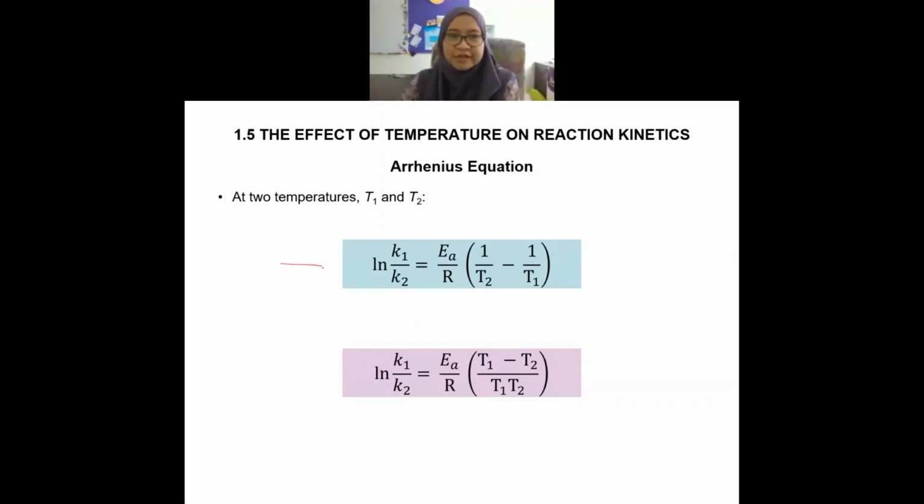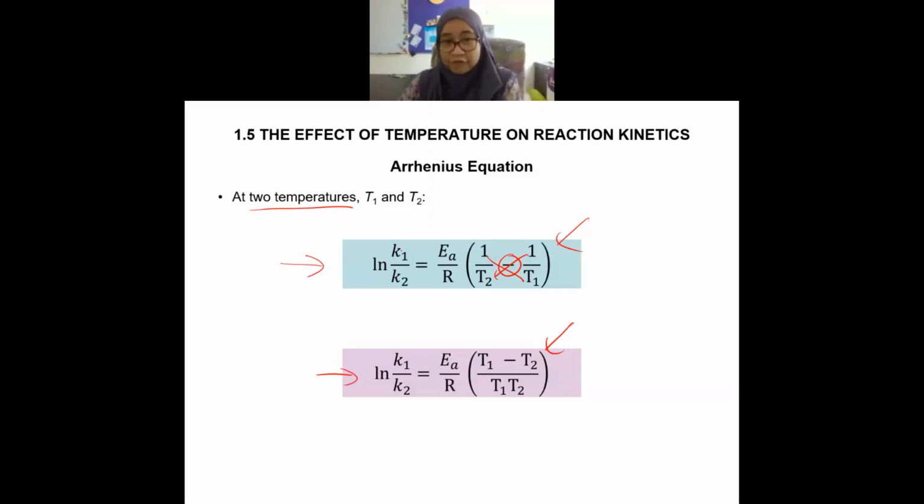So this is the final formula that you have to memorize, at two temperatures, T1 and T2. EA over R, 1 over T2 minus 1 over T1. This is after you have rearranged this one into this, because it is a subtraction operation, and you cross multiply.